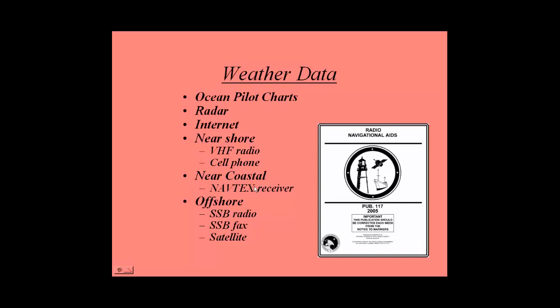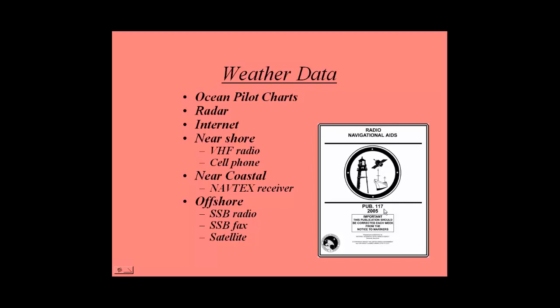The NAVTEX reaches out about 200 miles to sea, but coastal it's great. And then offshore you have single sideband radio for voice forecasts, you have single sideband fax, and you have satellite, all kinds of satellite weather forecasts that are available at this point.